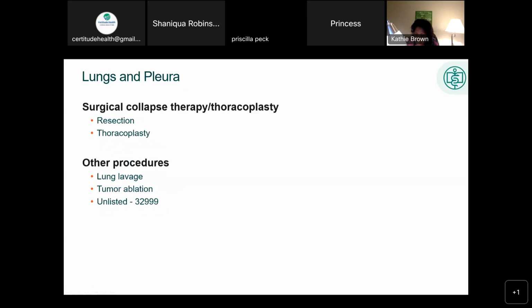Lung collapse. A lung can collapse during surgery if the patient is having a resection. But there's also other procedures that are performed on the lungs, like a lung lavage, a tumor ablation.